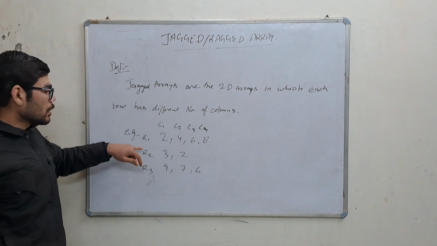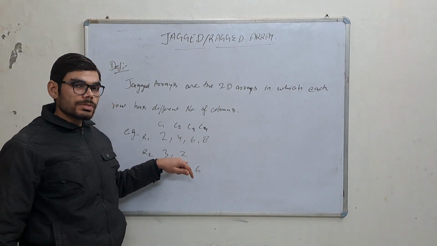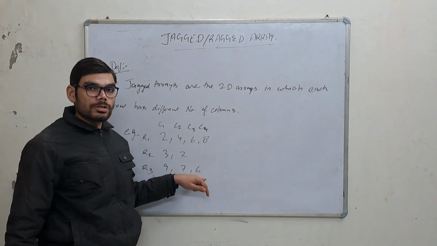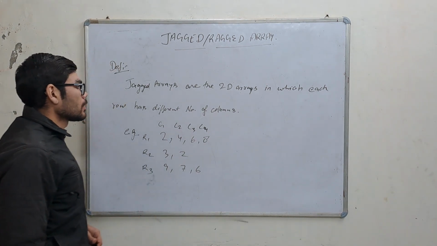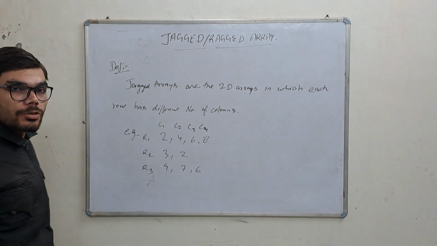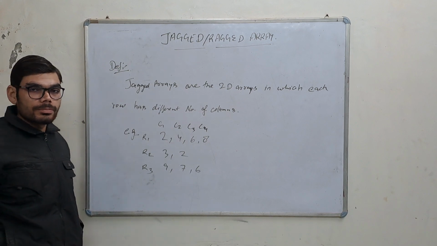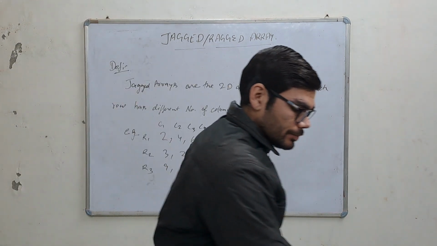You can see that row 1 has 4 columns, row 2 has 2 columns, and row 3 has 3 columns. You can take a screenshot of it, and after that we will implement a program in Java.